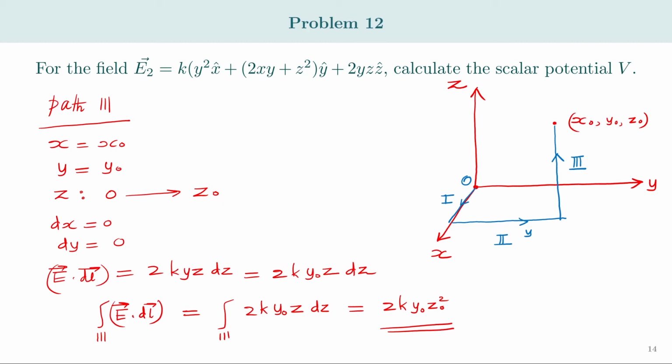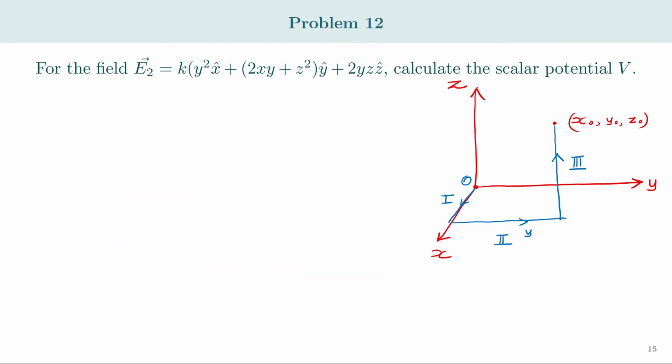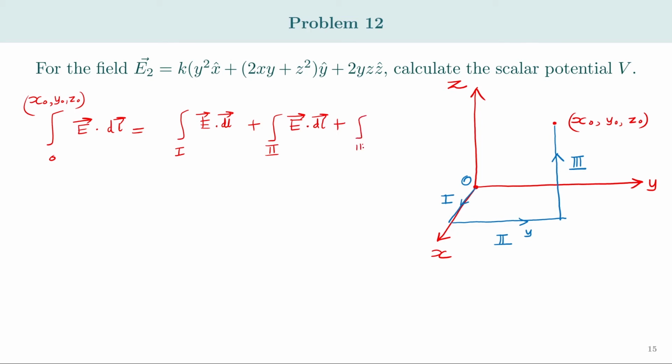And the scalar potential V is the sum of all these individual path integrals, or the integral from 0 to (x0, y0, z0) of E dot dl, equal to the integral over path 1 of E dot dl, plus the integral over path 2 of E dot dl, plus the integral over path 3 of E dot dl.